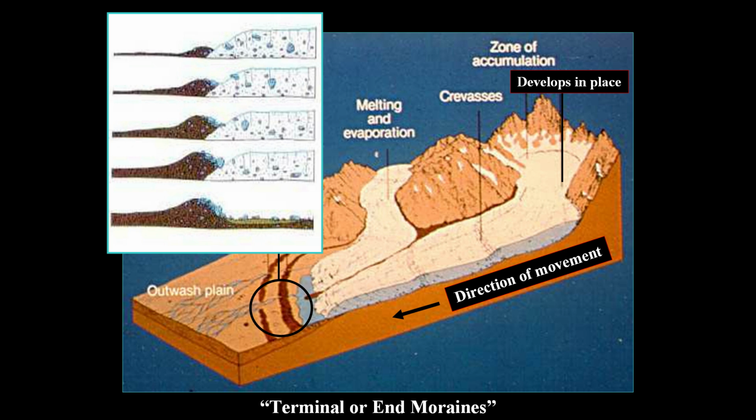As it starts to move and push along, it picks up boulders and rocks and pushes the earth. Sometimes it pushes the earth so much that it goes all the way down to the rock underneath the soil.